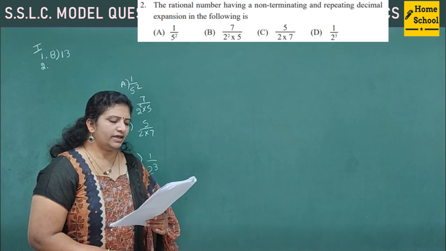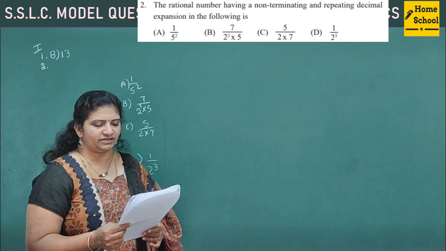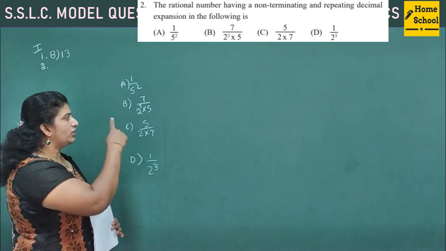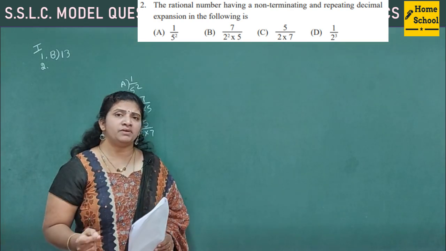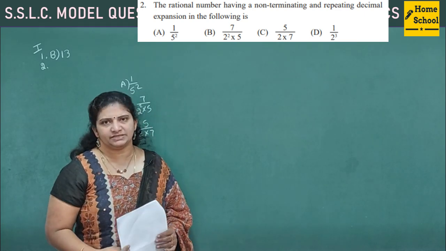Second question. The rational number having a non-terminating and repeating decimal expansion in the following is. You can see all the 4 options here. The question is rational number having non-terminating and repeating decimal.